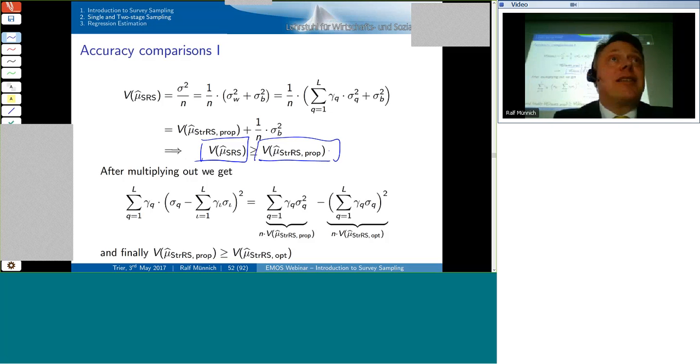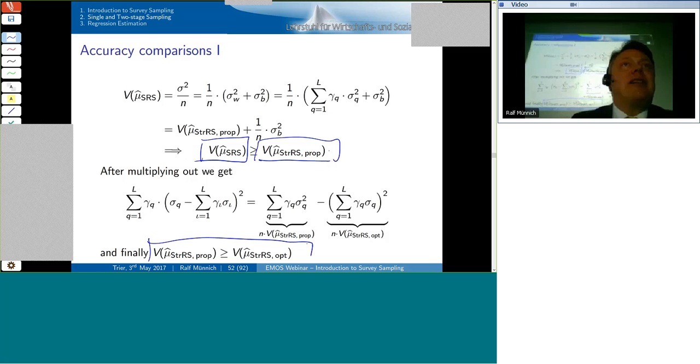In most cases, you can construct a better allocation with lower variances. And certainly, what we also know is that the optimal allocation, by definition, must be better. There are cases where there are no differences, and the question now again would be: when do we have a gain of efficiency and when not?